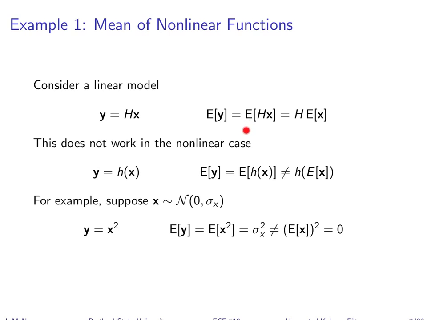If I wrote this out as an integral, you basically have a product inside an integral with a constant, and we can move the integral inside, since this isn't a function of the variable of integration. And so we end up with just the matrix times the expected value of that random vector. It's straightforward. But it doesn't work when you've got a nonlinear function.